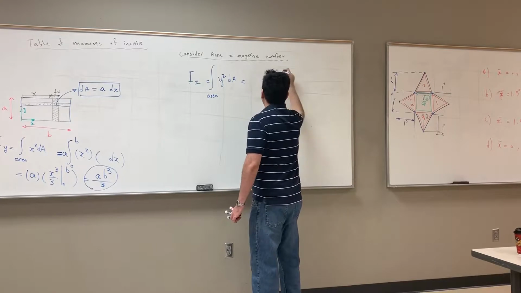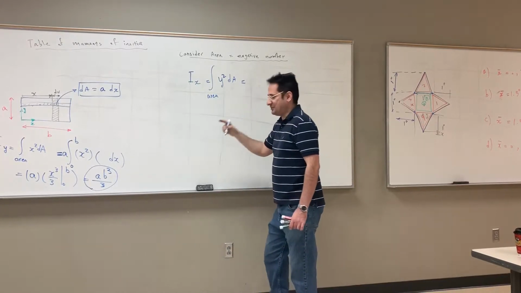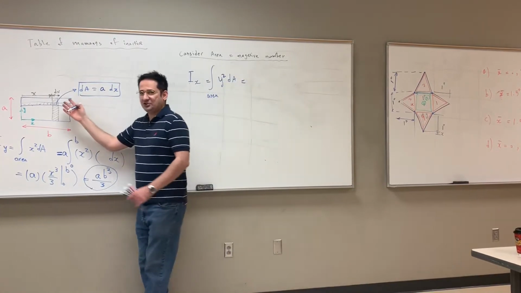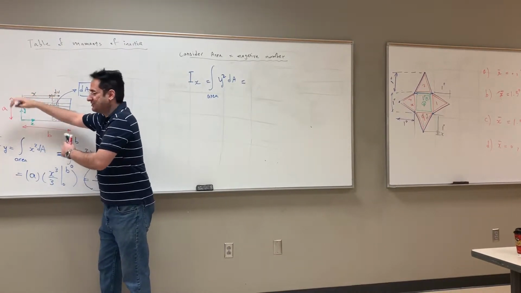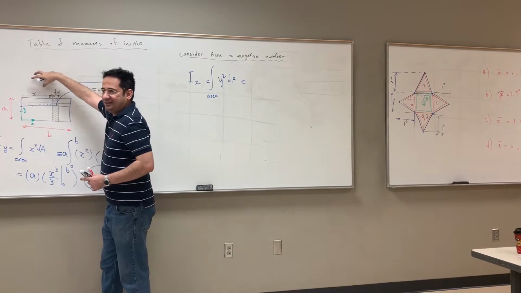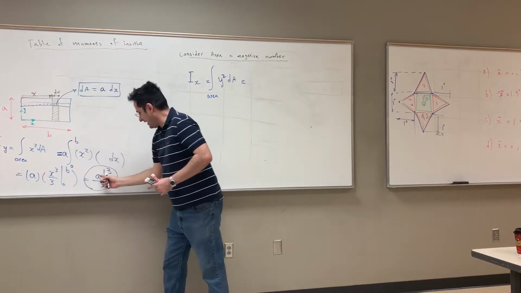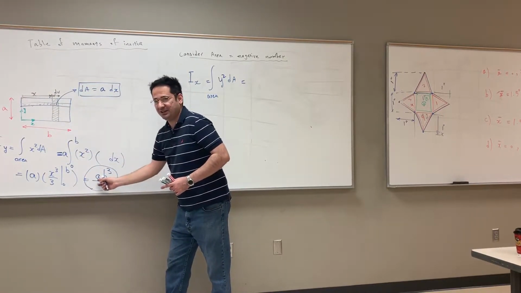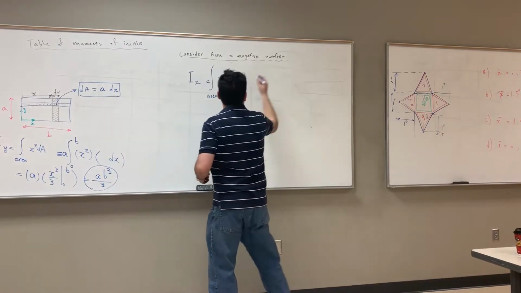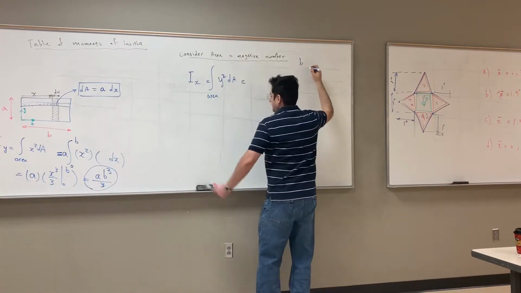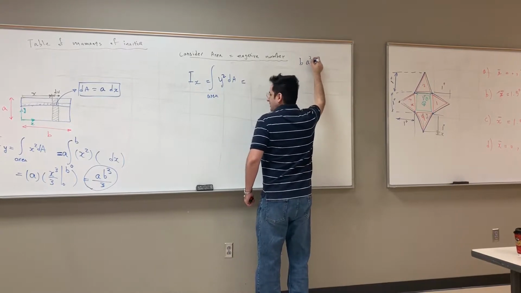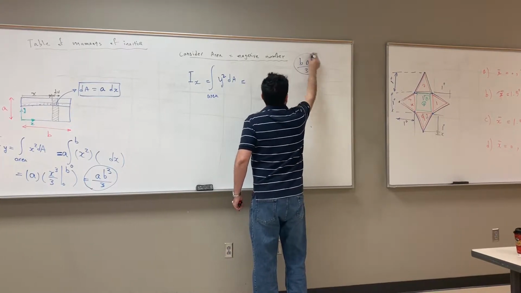Because look, you just switch A and B, because in the other direction you have a rectangle. So you just switch the A and B in the formula: B, A, so instead of A you say B, and instead of B you say A cubed over 3.